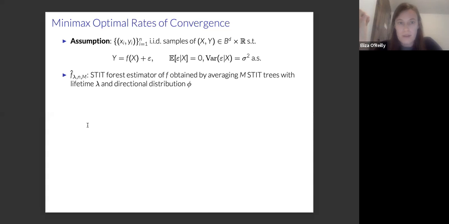To set up the result, we're going to assume we're given n IID samples of some random pair X, Y. We're going to assume that all of our inputs are contained in the unit ball in R^d. And then Y is some unknown function f of X plus some noise. F hat is then going to denote our STIT forest estimator, which is obtained by averaging m STIT random trees, all with the same lifetime lambda and directional distribution phi.